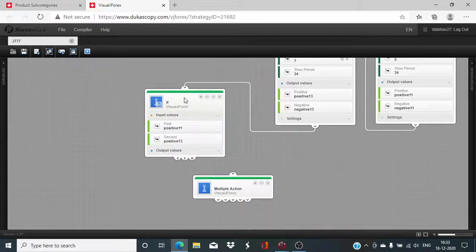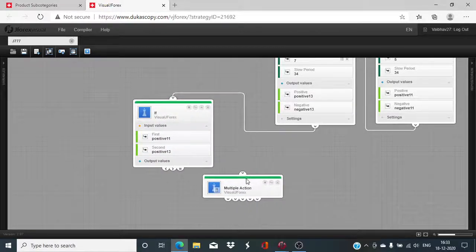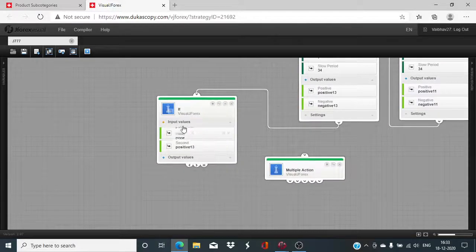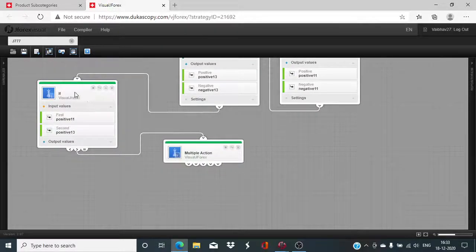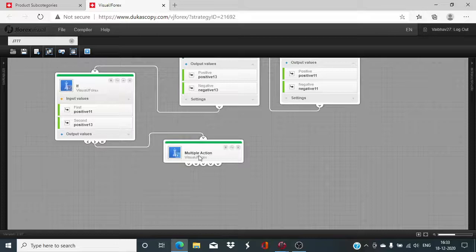So here, if this condition is fulfilled, we wanted the positive 11 to be greater than positive 13, and then this is going to move forward.